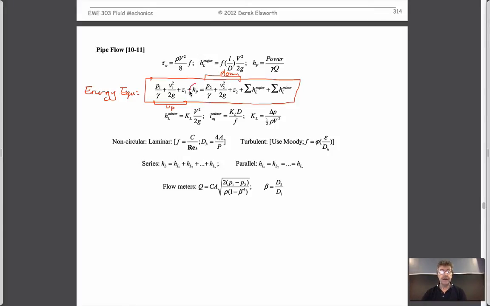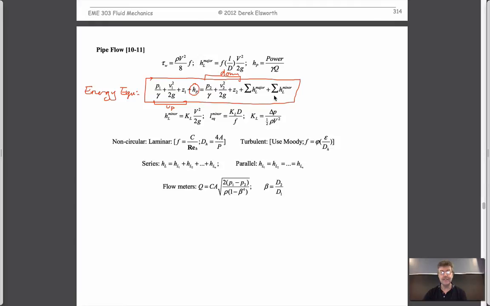This is the amount of head that gets put in by a pump or taken out as a turbine. They all have to be units of length. And these are what are referred to as major losses and minor losses. And I'm trying to remember which one is which. Yeah, okay.